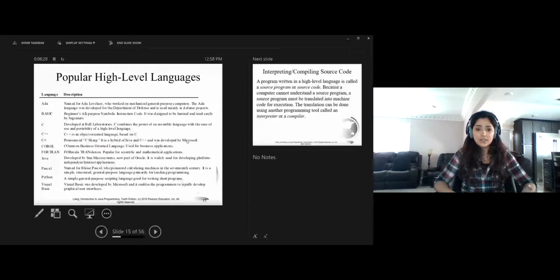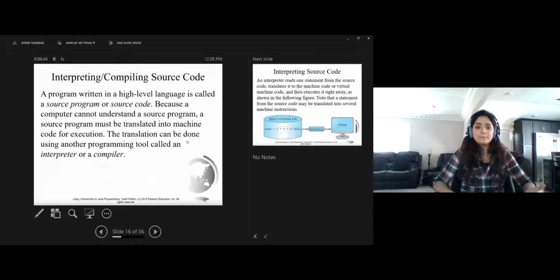Ada, the first language name written, is named after Lady Ada, who was the first female programmer. Then we have Visual Basic, which is still used, I think, and taught in different universities so far as well.